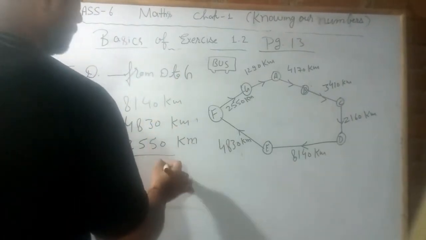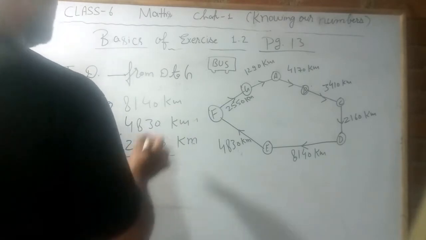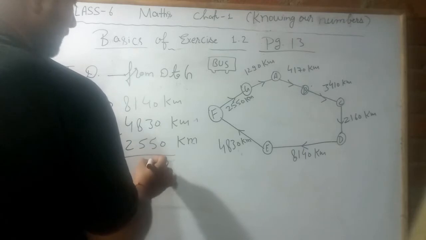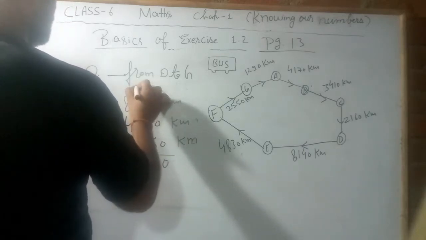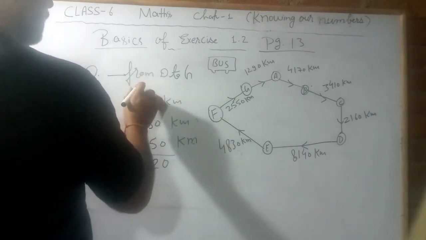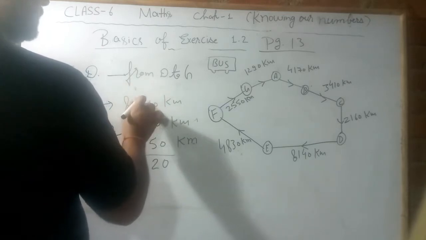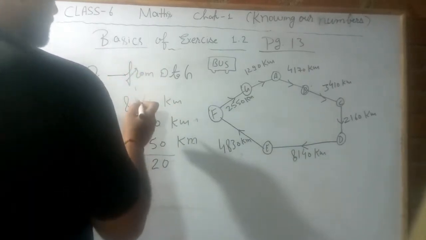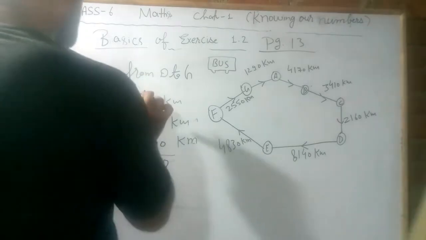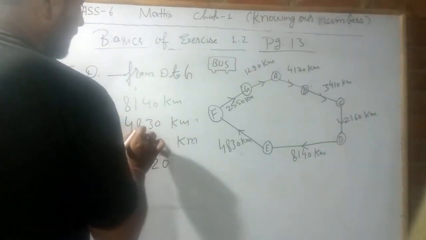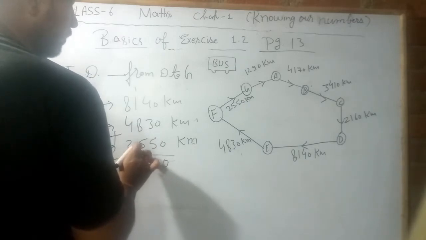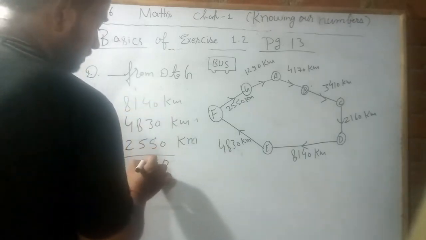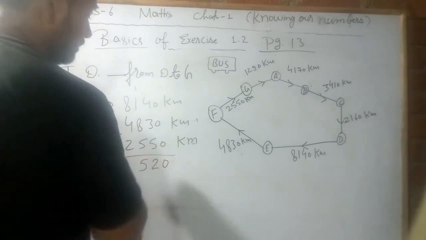0 plus 0 plus 0, 0 will come. 4 plus 3, 7, 7 plus 5, 12. 1 carry. First of all, add the numbers, then after that we will add the last carry. 1 plus 8, 9, 9 plus 4, 13, 13 plus 2, 15.